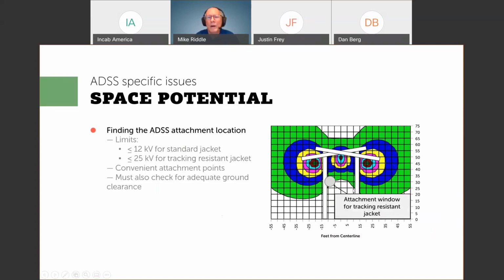But probably not. And so if you're trying to get it higher on the structure, as long as you stay in the green, you're okay. You're just looking for a convenient place where you can attach the accessories, whether it's a dead end or a suspension clamp. And like I just said, you also need to check for adequate ground clearance.